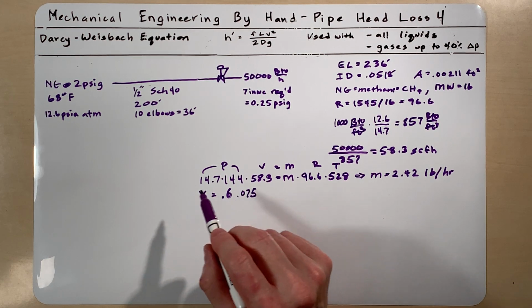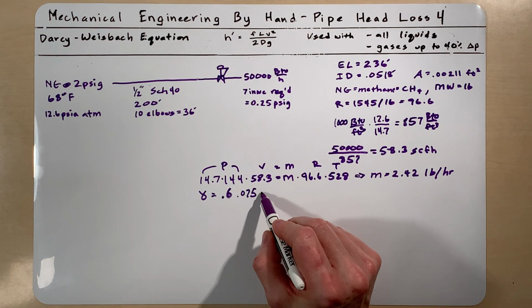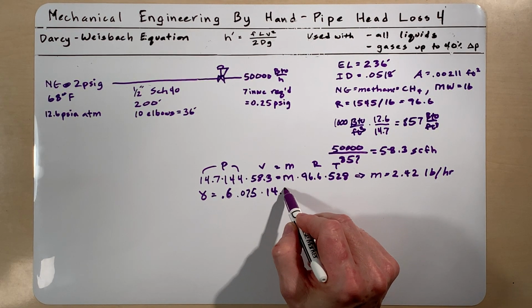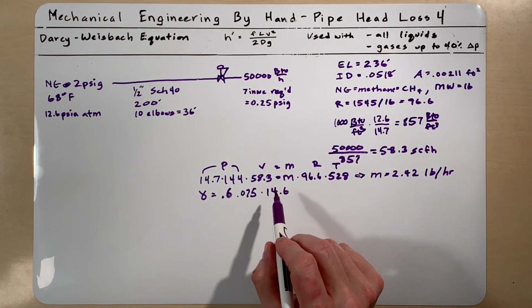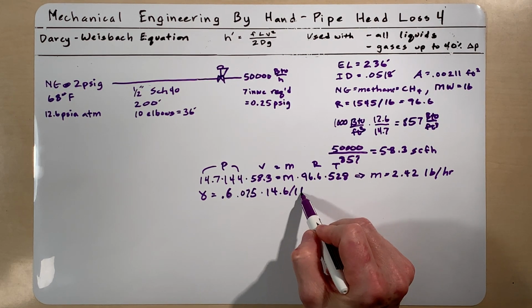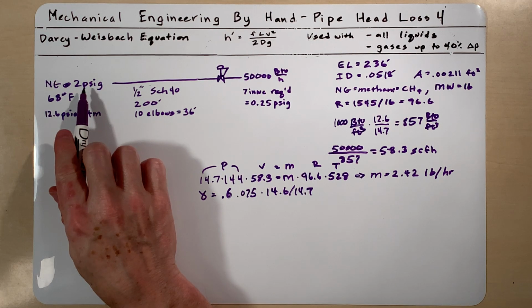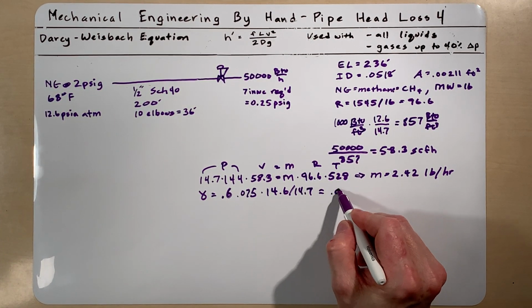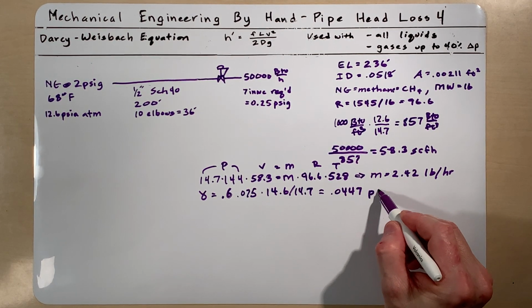And then we'll adjust that for our local pressure. So 14.6 over 14.7. The 14.6 is 12.6 plus the 2 psig. And that equals 0.0447 pounds per cubic foot.